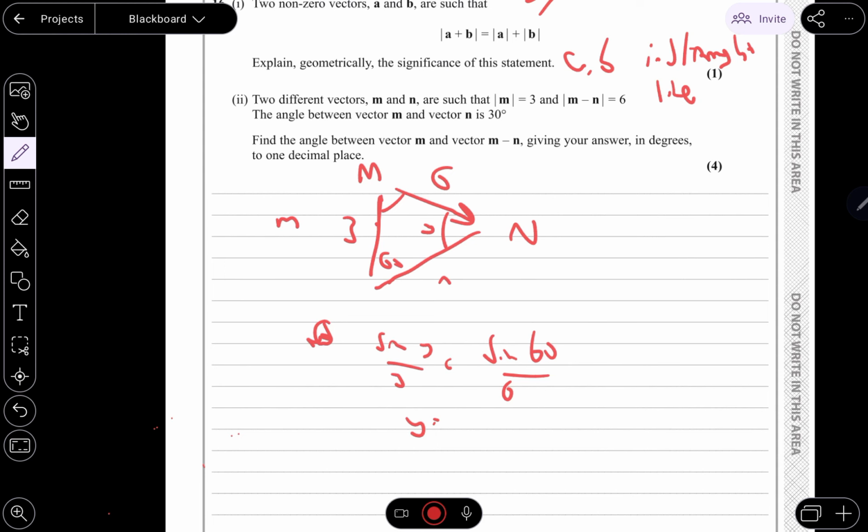What's a half times sine 60 is this, and then we'll inverse that for 25.6, and then we'll do 180 minus 60 minus ans, which is 120 minus this. So that's 94.34. I think that's probably fine.